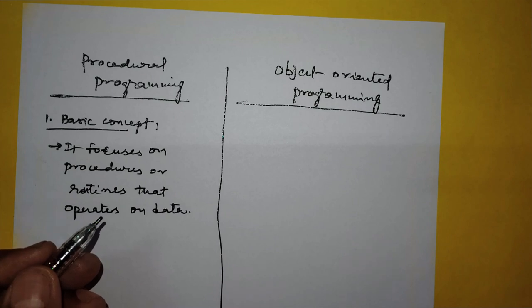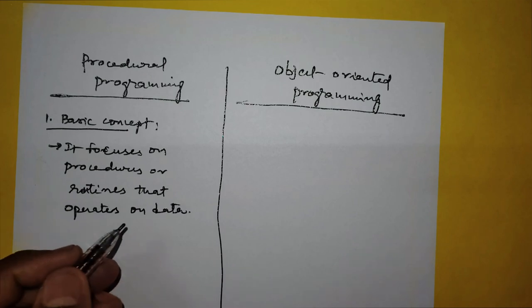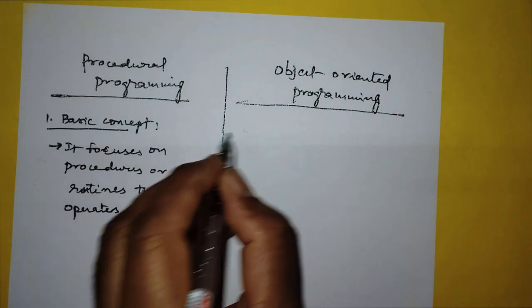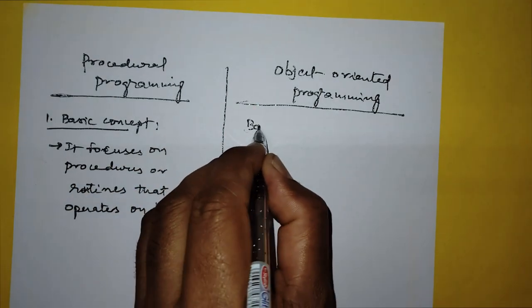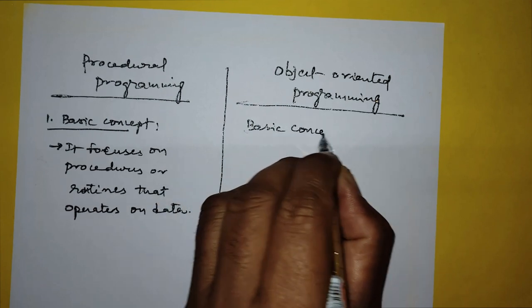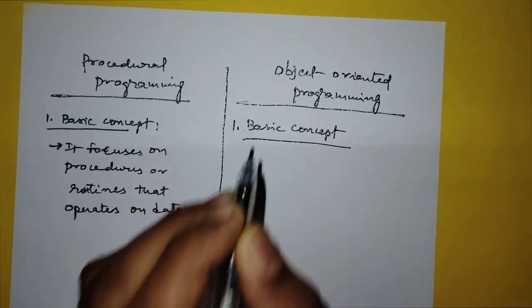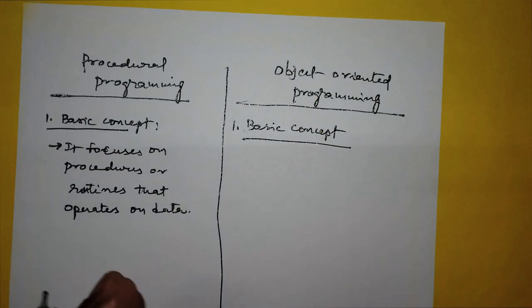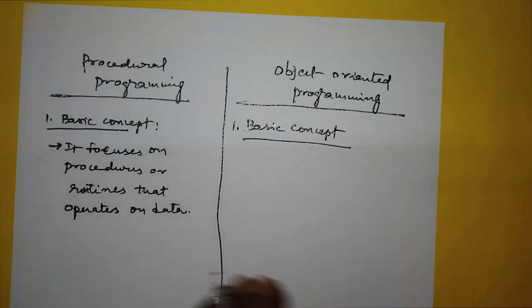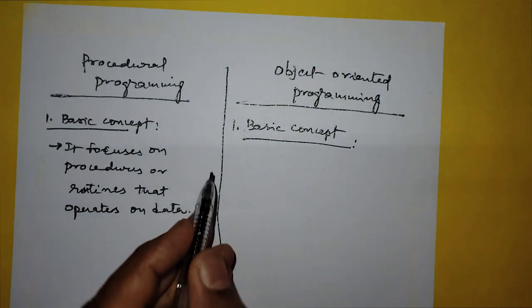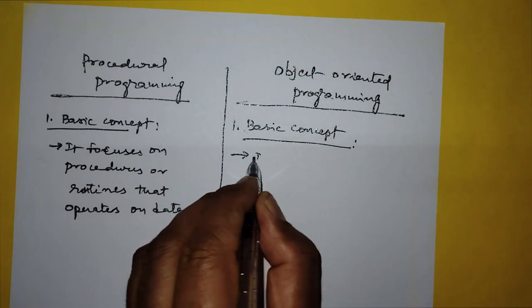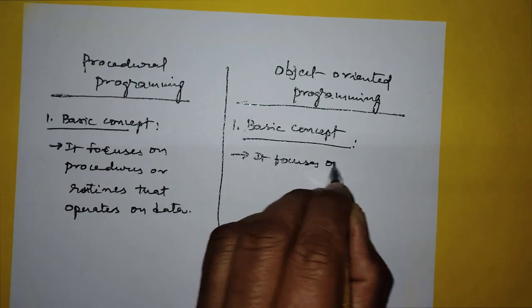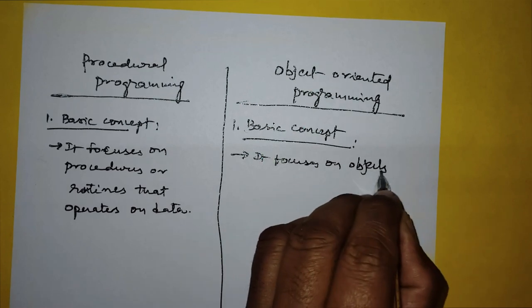Whereas object-oriented programming focuses, based on the basic concept, on objects. I'm explaining the differences in such a way that you can write about procedural programming and object-oriented programming individually also.